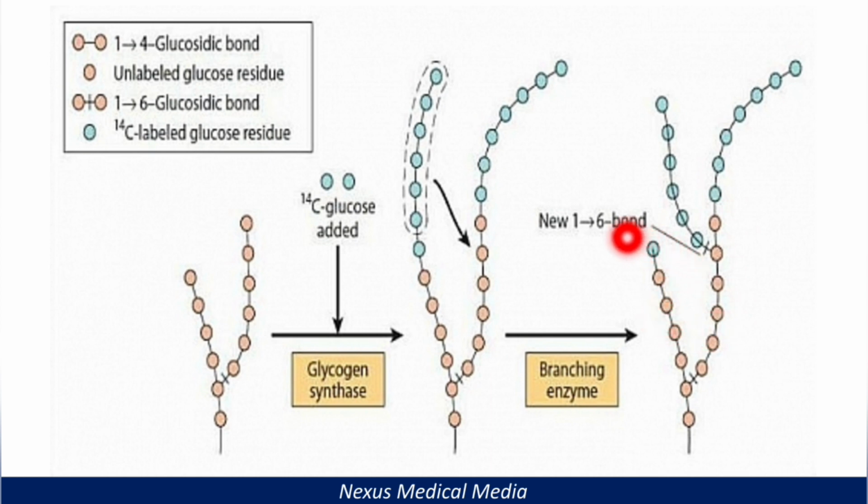We have removed this part, and we joined it here. So it's the branching enzyme, and in this case it is forming 1,6 glycosidic bonds. The 1,4 have been formed by glycogen synthase, and the 1,6 by the branching enzyme.